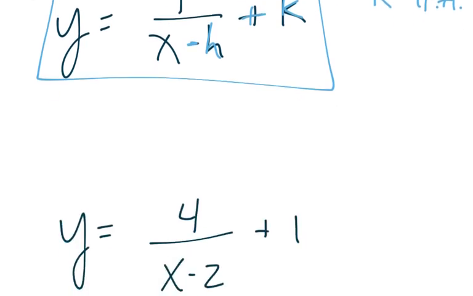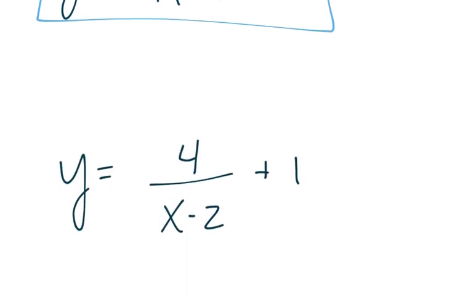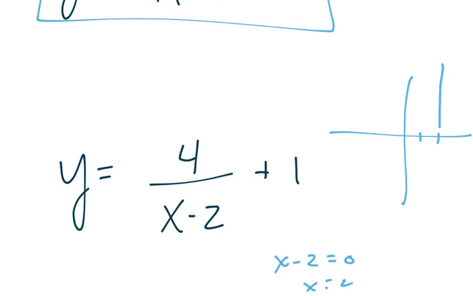So if we said y equals 4 over x minus 2, plus 1, I can set x minus 2 equals 0, and we get x equals 2. Now your vertical asymptote used to be at 0, but now it moved over to 2. And then the plus 1 on the end: the horizontal asymptote used to be here, but now it got moved up to plus 1.